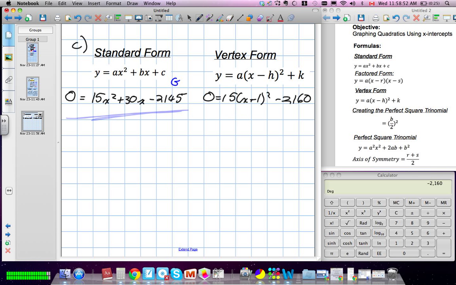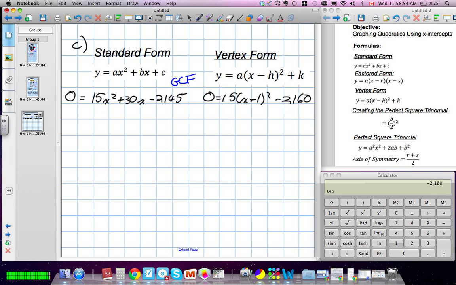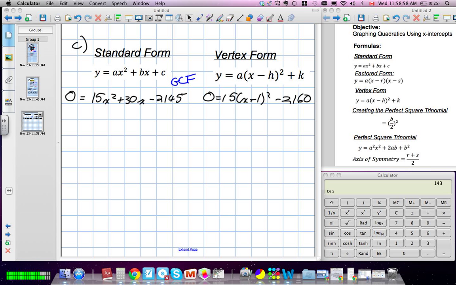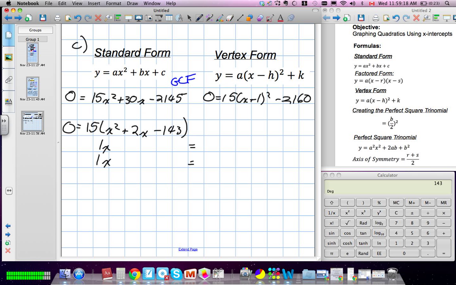Very first thing I do in factoring is find the greatest common factor. So 2, 1, 4, 5. Can I take 15 out of it? Yes. Perfect. So we get 0 is equal to 15(x squared plus 2x minus 143). Now, when I go to factor this, the factors of the first term are 1x and 1x. And we know the factors of the other term need to be relatively close together because they have to add up to positive 2x.